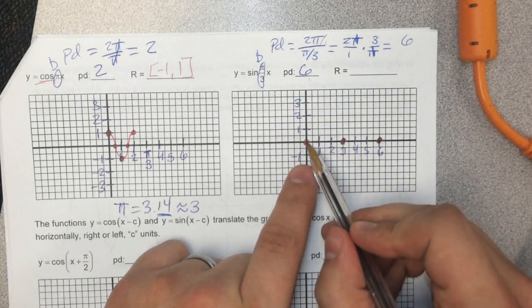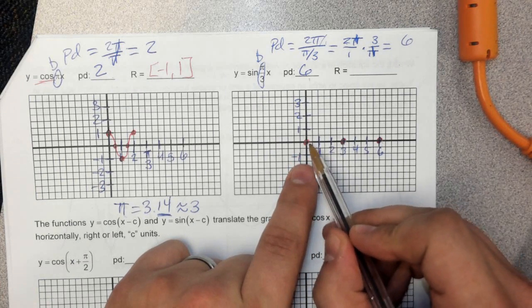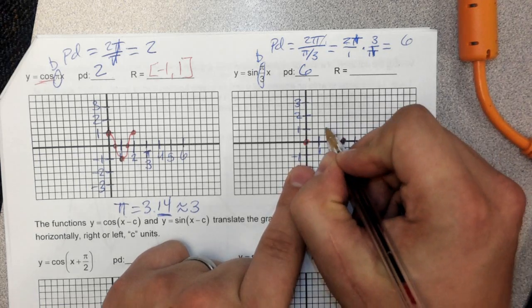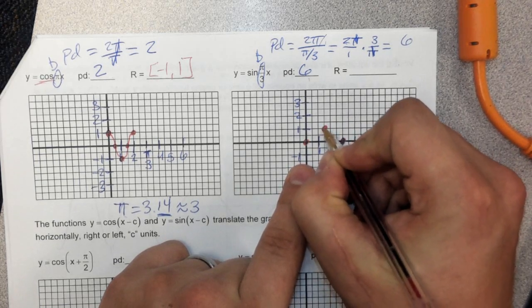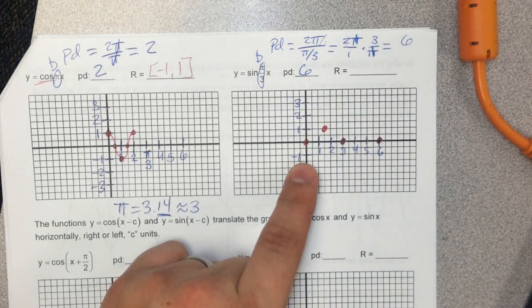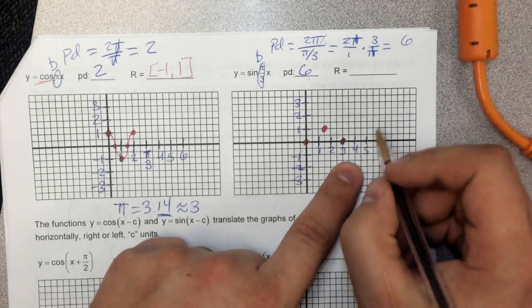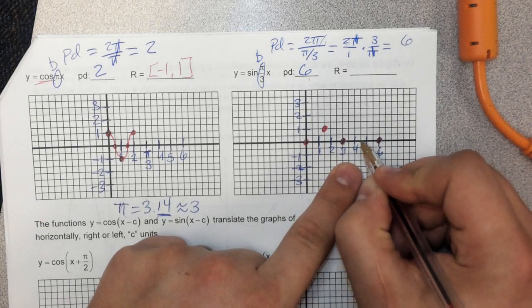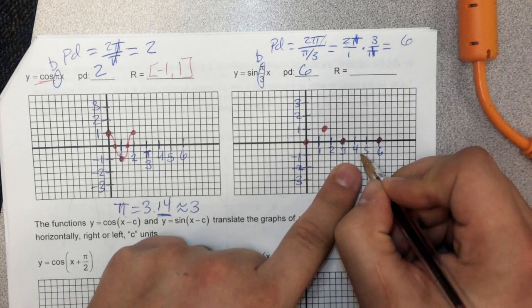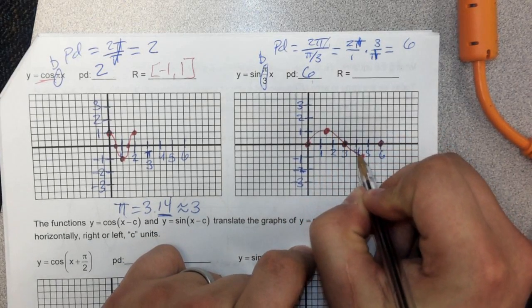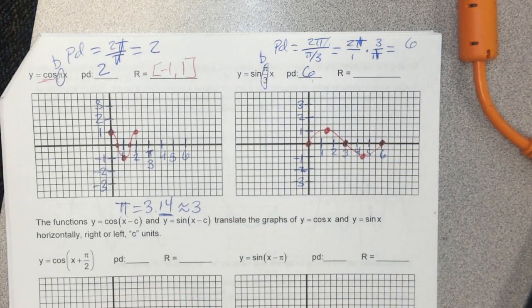And then sine in between: the first quarter is always going to be at 1. So that one can go right there, right in the middle, at 1.5. And then down here at 4.5, the third quarter, we'd have -1. So it goes up and then down and then back. And that's how it would look.